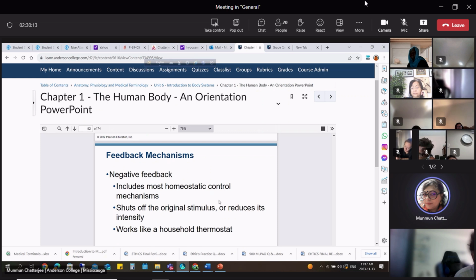What is the feedback mechanism? This is called the homeostatic control mechanism. Once it's done, it shuts off the original stimulus or reduces its intensity.